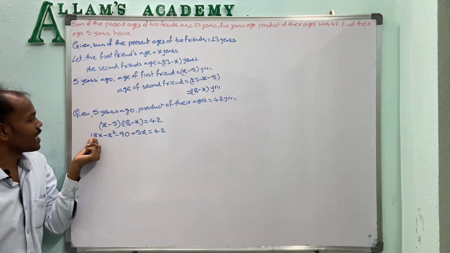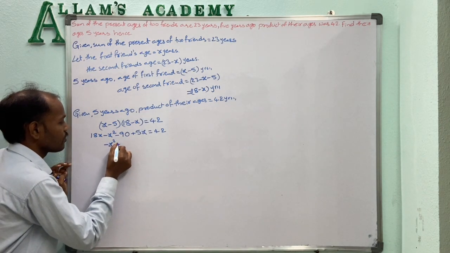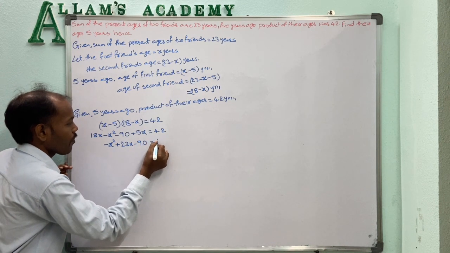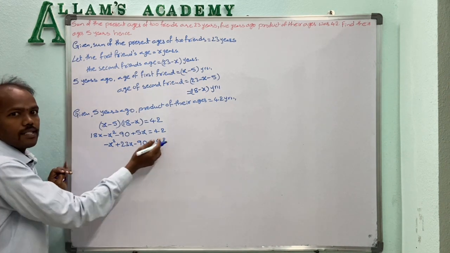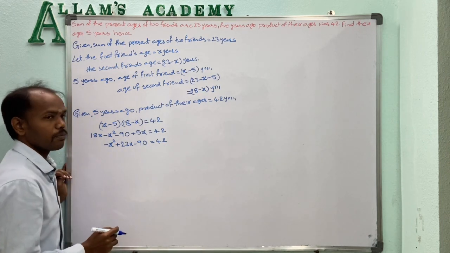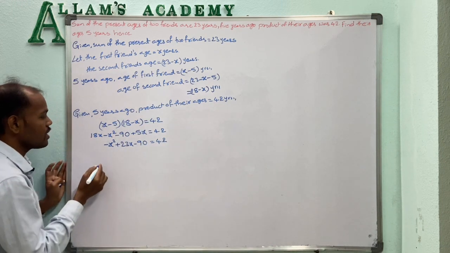So 18x plus 5x is 23x. Now minus x square transfer to that side, plus x square; 23x transfers to minus 23x; minus 90 transfers to that side, plus 90.